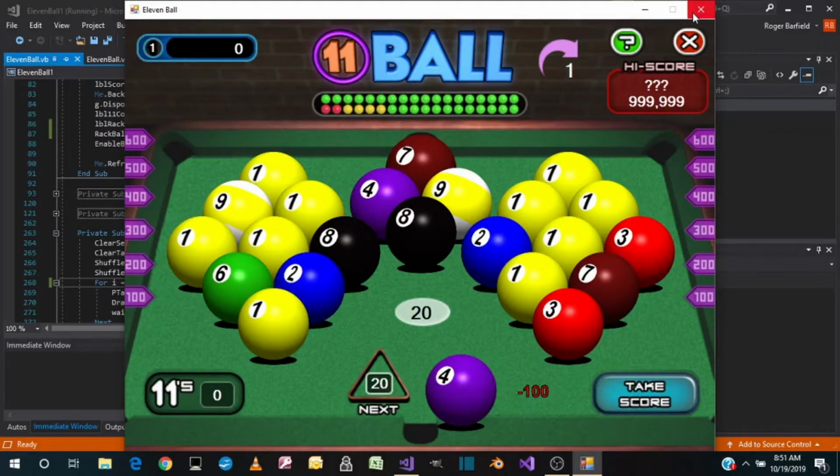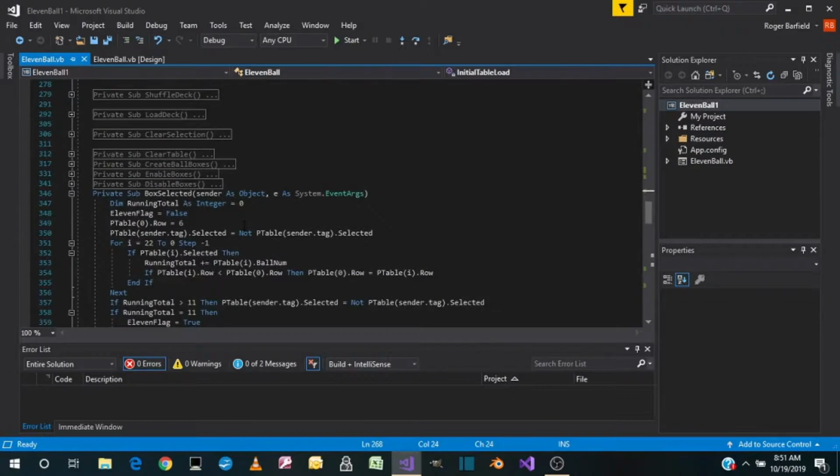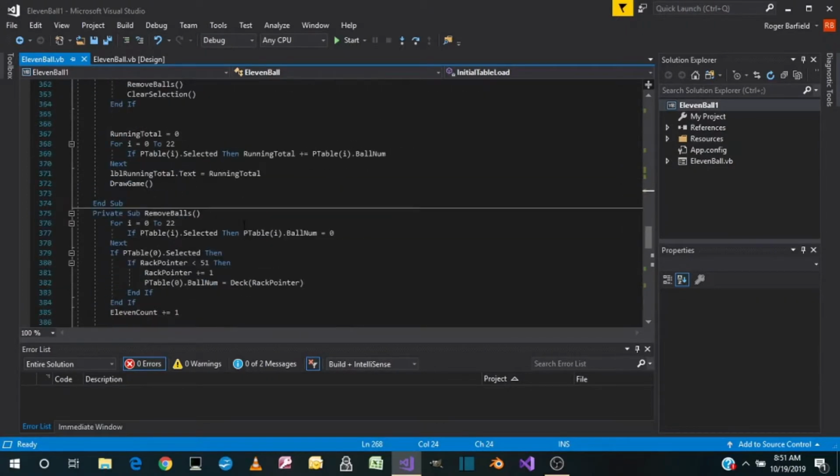Okay. So we need to get rid of that minus points. We need to do one more thing too. We need to keep our score.